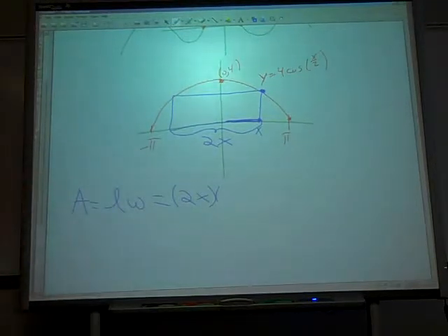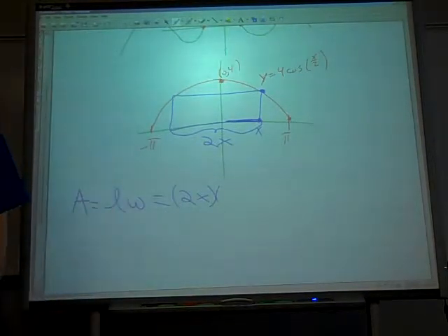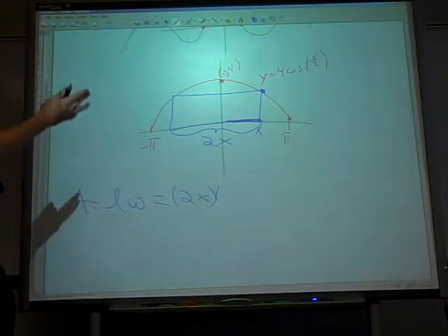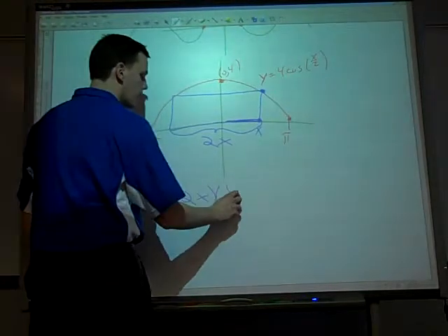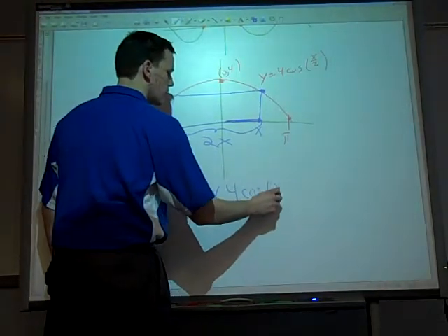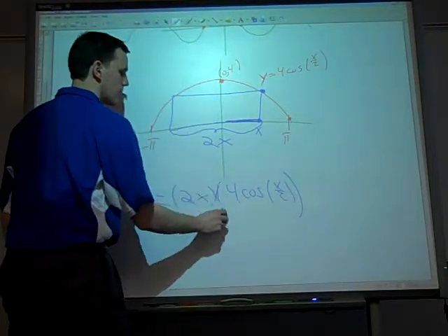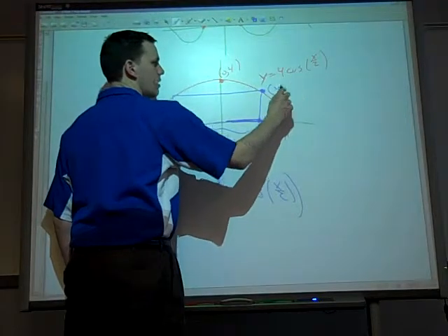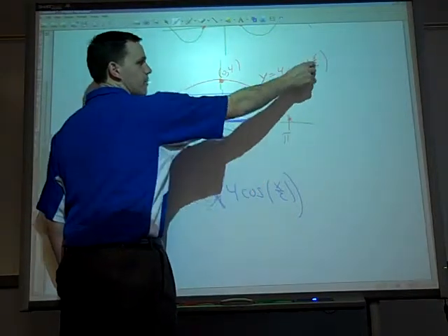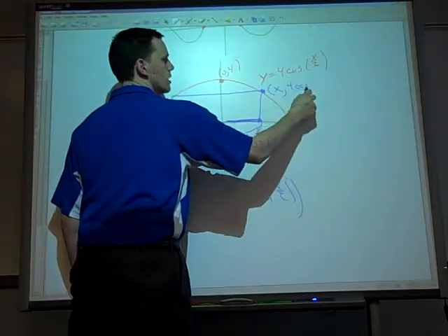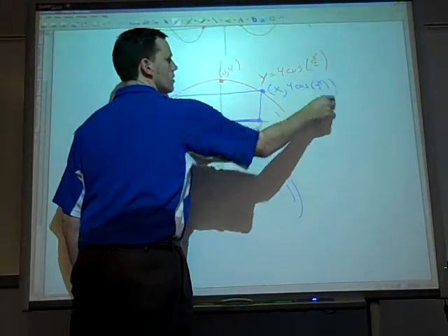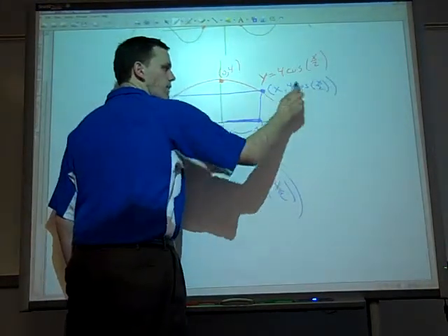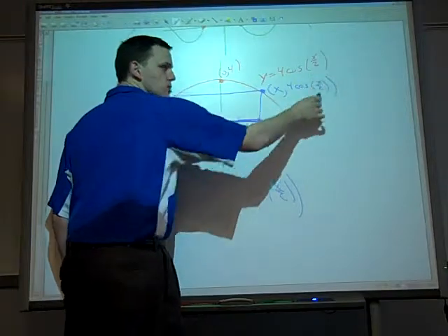So what can I write in terms of x? Just the function. 4 times the cosine of x over 2. That's what that means, because at this point we have some x value and then the y value that's outputted from the function. So at this x value, we plug the x value into here and that gives us the y value.